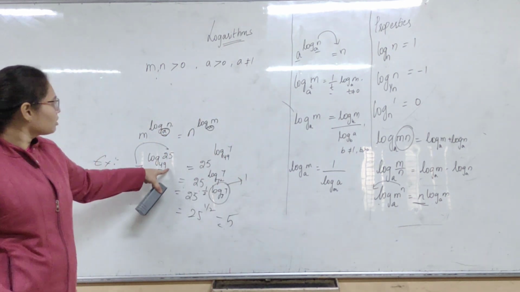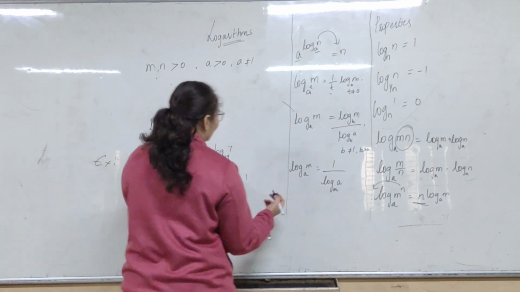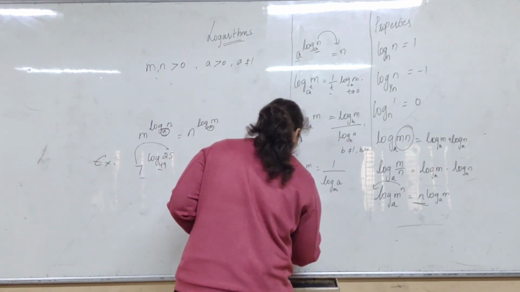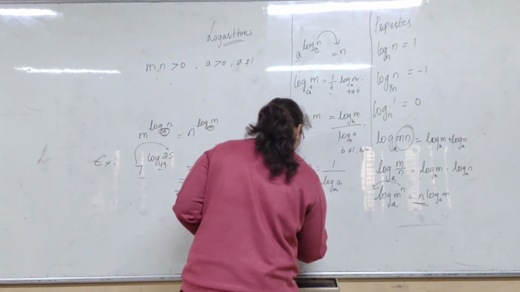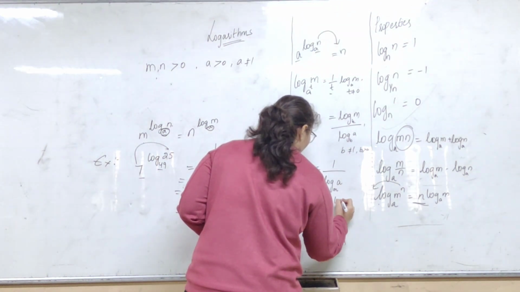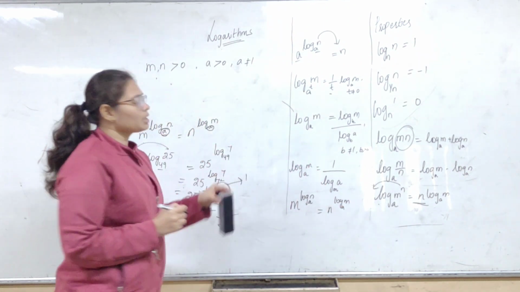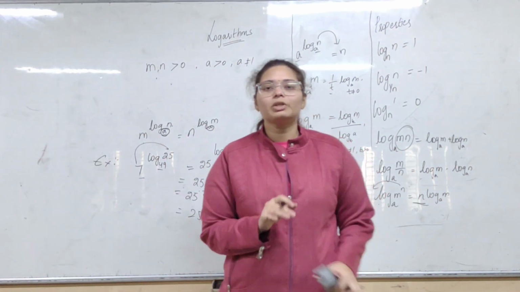So in this case, we use this property. Let's add this to the property list: m log n to the base b is equal to n log m to the base b. Hence we have completed the properties.